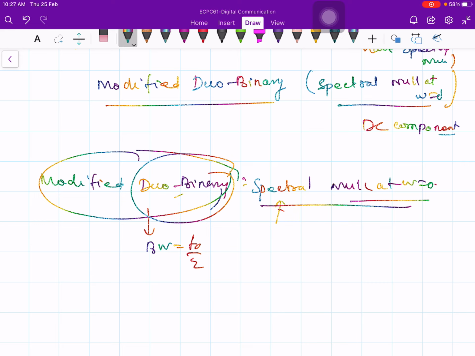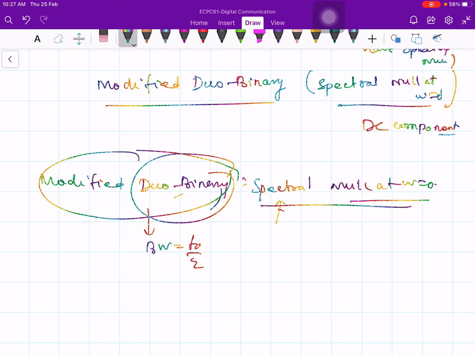Therefore, in fact, soon after the introduction of this modified duobinary by Lender, many companies came up with systems which could take, let us say, the basic units of the T1 carrier system. Do you remember this? T1 carrier system of your time division multiplexing, TDM.